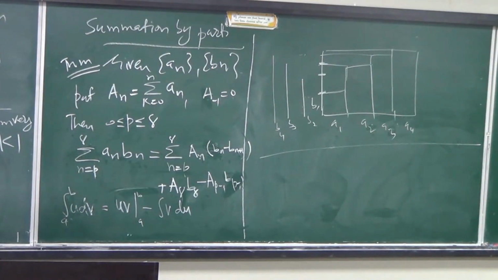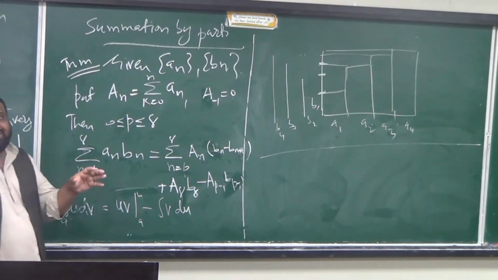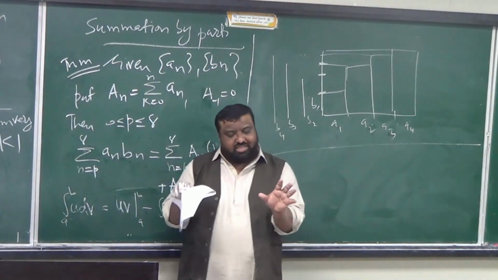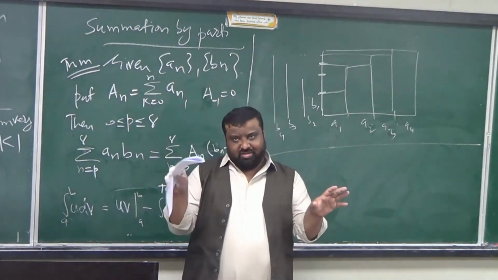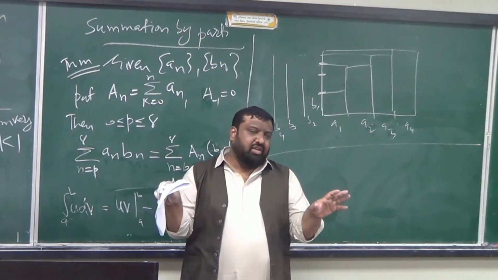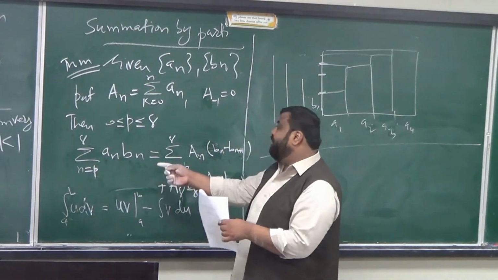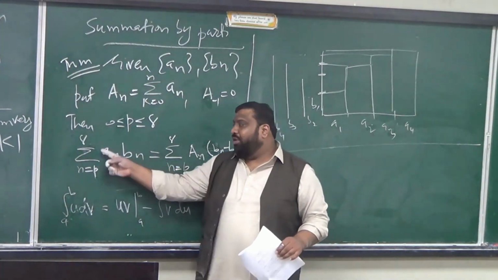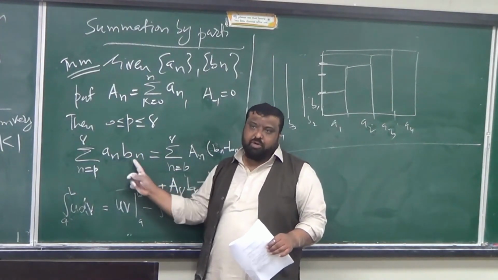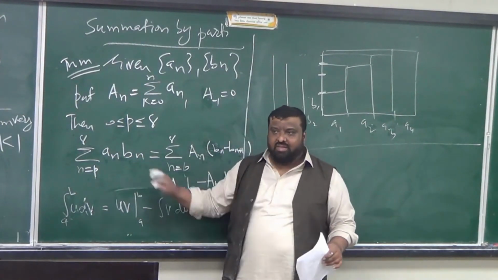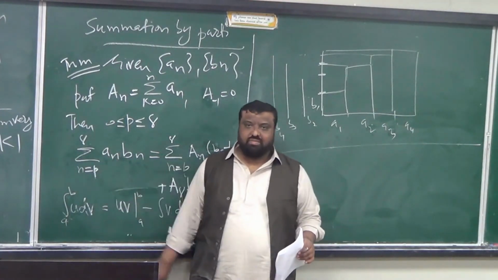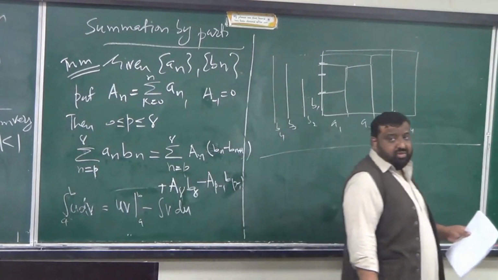I have a very complicated series and I want to test its convergence, and you realize that this series can be written as a series formed by the product of two sequences. Now when is such a series going to converge?